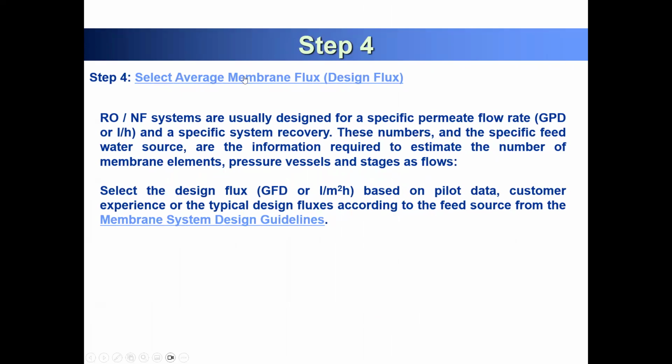So how can we select this average membrane flux? RO systems are usually designed for a specific permeate flow, liter per hour, and a specific system recovery. These numbers and specific feed water source are the information required to estimate the number of membrane elements, pressure vessels, and stages. So select the design flux in terms of LMH.